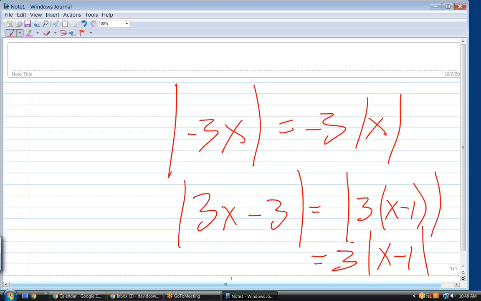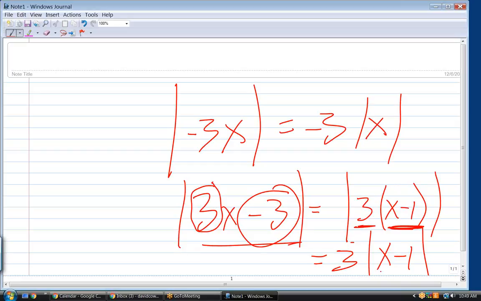Yeah. That makes sense. In other words, as long as it's just a pure multiplier. In this case here, this 3 is not the only thing going on. I'm subtracting 3 from that afterwards. So I can't just pull that 3 out alone. Right, but you have to factor it. Once I factored it, now I have the product. I have 3 times the product of that. And since that's a constant, I can bring it out.